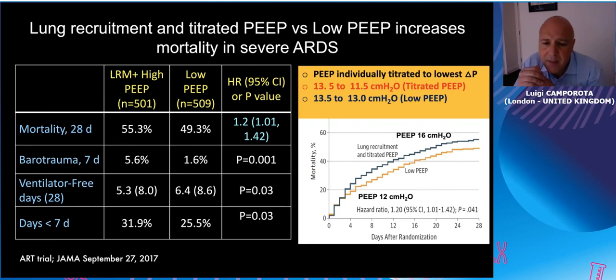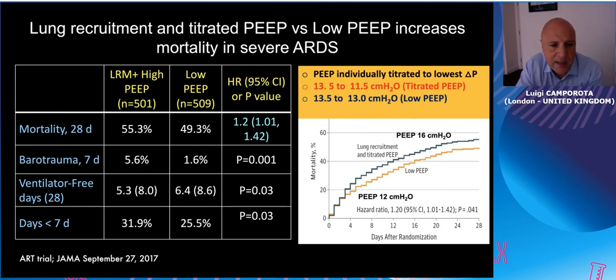Now, when we think about giving high PEEP and recruitment maneuvers according to the open lung strategy, you can see that overall, and this is the ART trial, there was a 20% increase in mortality at 28 days in patients who received routine use of lung recruitment maneuvers and high PEEP.